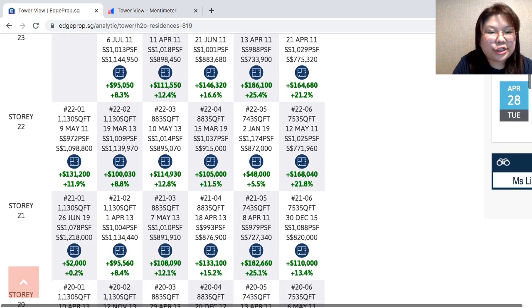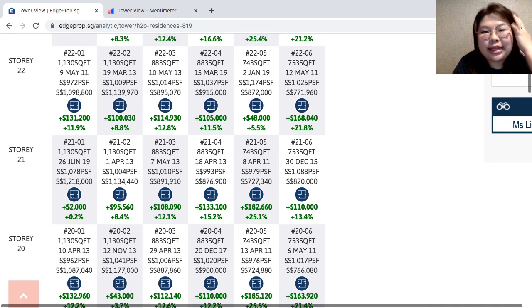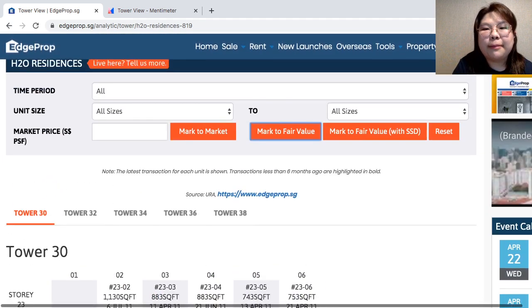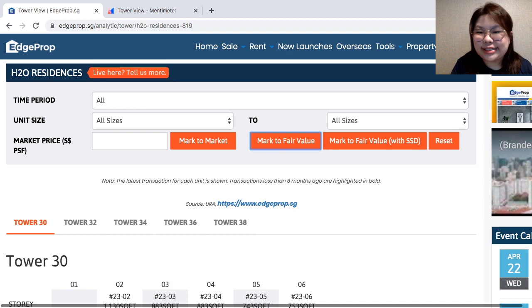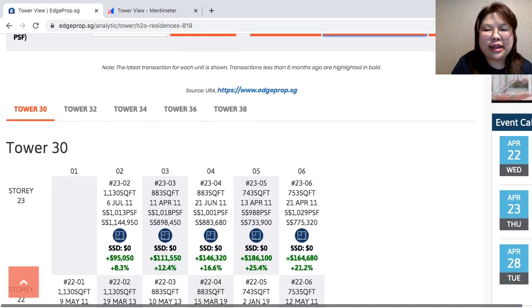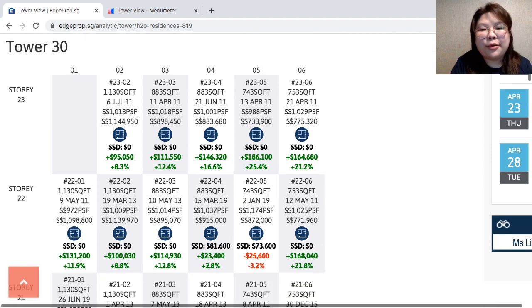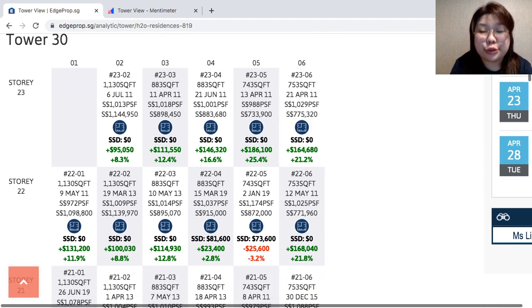Now let me show you another function, which is called Mark to Fair Value with SSD. Do you all know what is SSD? Seller's Stamp Duty. We created this other button which incorporates Seller's Stamp Duty. When you click on it, you will notice there is one more line that indicates the Seller's Stamp Duty.